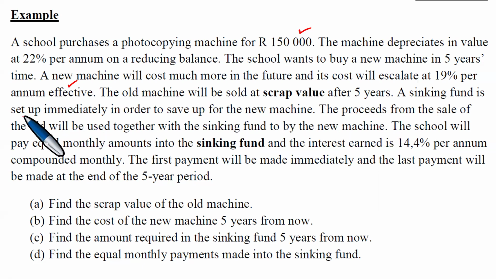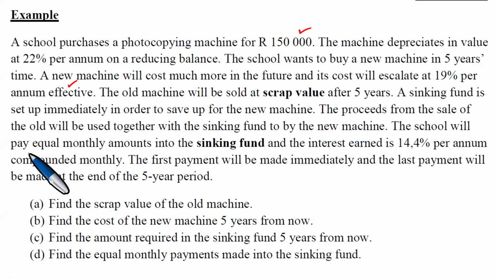Now a sinking fund is set up immediately in order to save up for the new machine. The proceeds from the sale of the old will be used together with the sinking fund to buy the new machine.